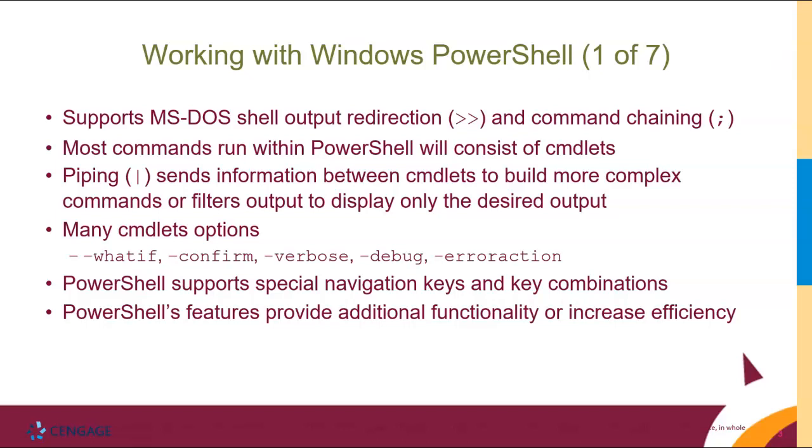And then piping is how you send information between the commandlets to build more complex commands or filters. It's a common way to provide data or settings to the next command. Many commandlet options exist, like WhatIf, Confirm, Verbose, Debug, and ErrorAction. Natively, the commands support those options.